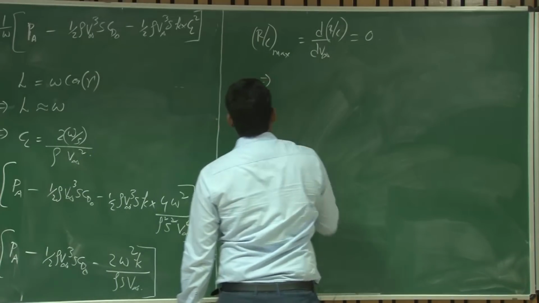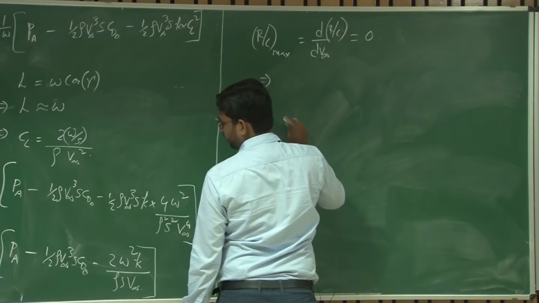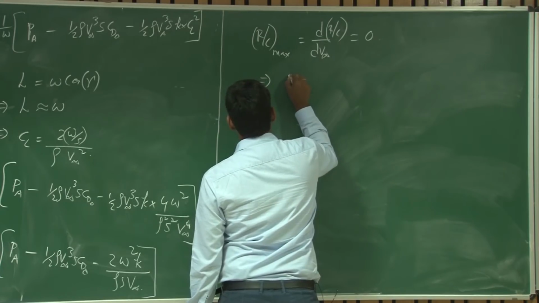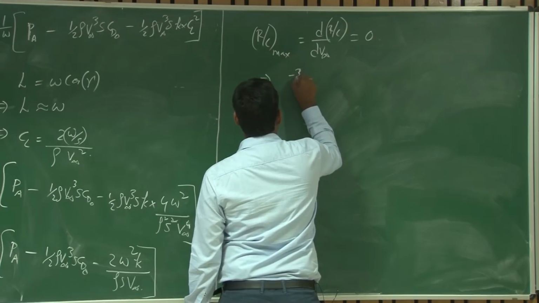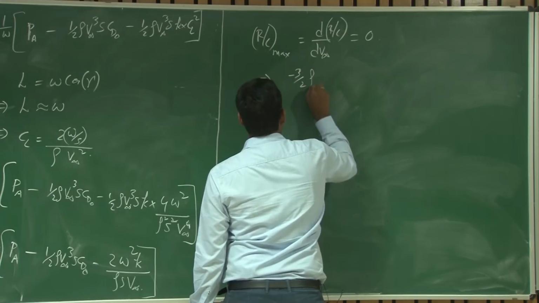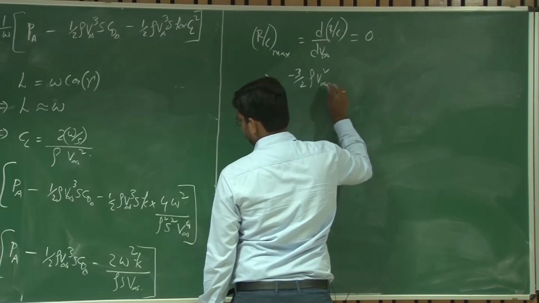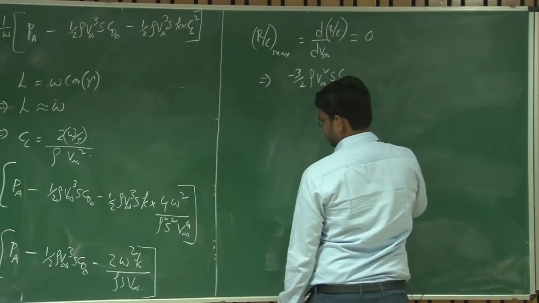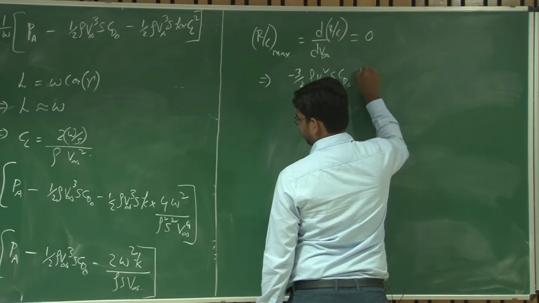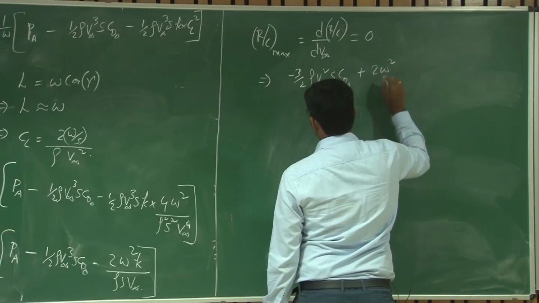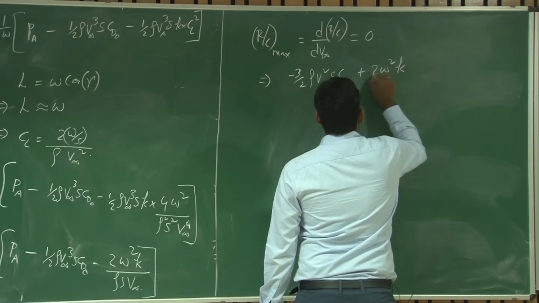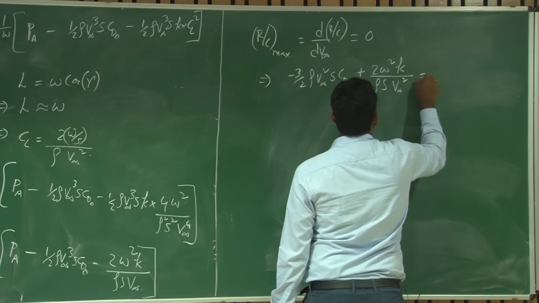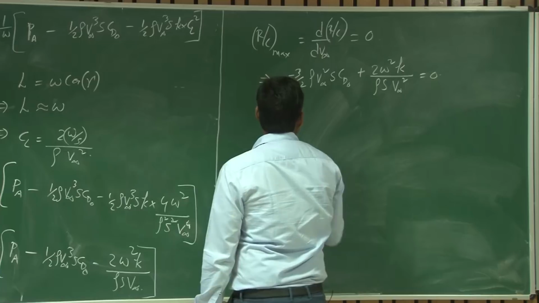So that implies minus 3 by 2 rho V infinity square S into CD naught, plus 2 W square into K by rho into S into V infinity square equals 0. Right.